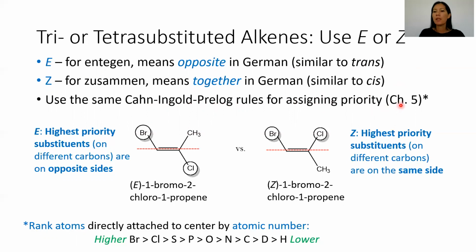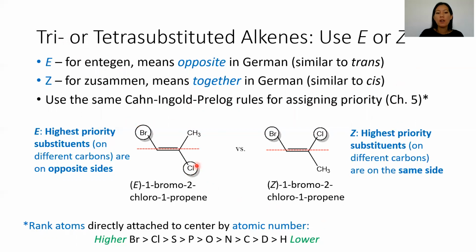And we're going to learn some sort of naming rule, and it's assigning priority, mostly in chapter 5, but I'm just going to give you a preview here to be able to do this. When you assign cis or trans, you look for the highest priority groups. But when there are 3 or more substituents, you have to prioritize them.